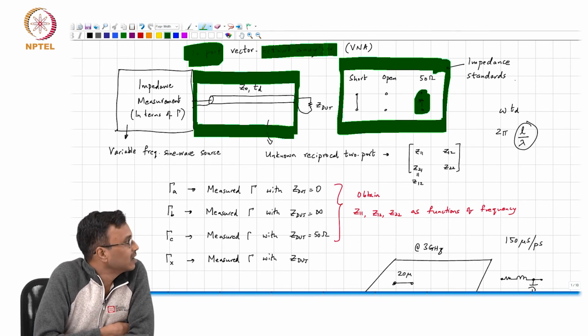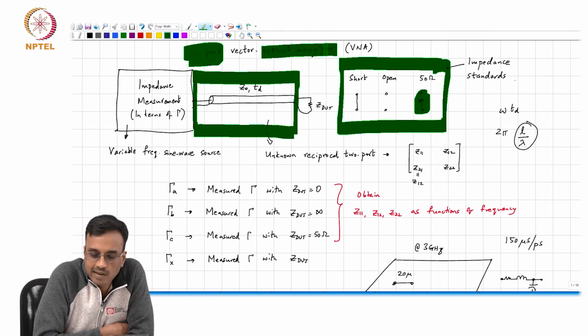So basically, it's called a vector network analyzer because it measures both the magnitude and phase of the reflection coefficient. It has only become possible to do this over the last maybe 30-40 years, or 50 years, right?